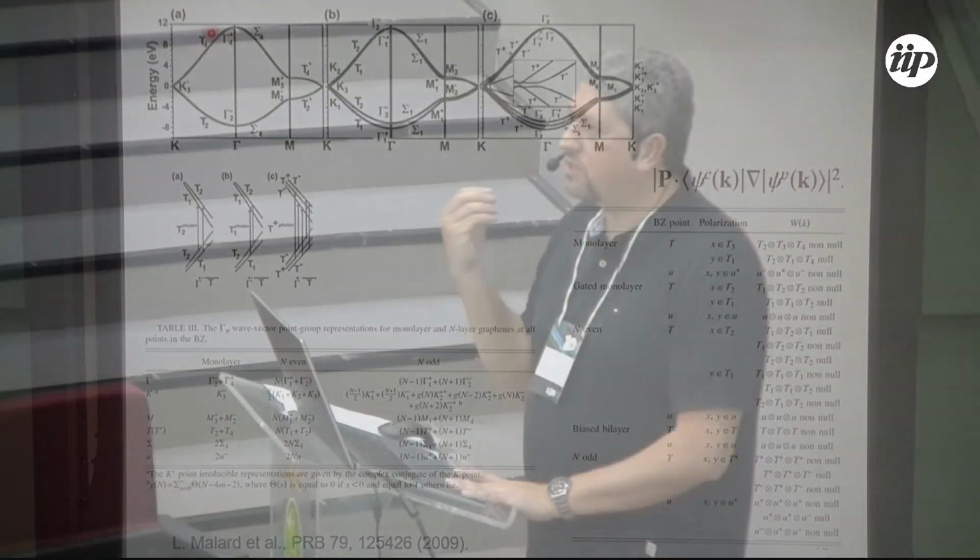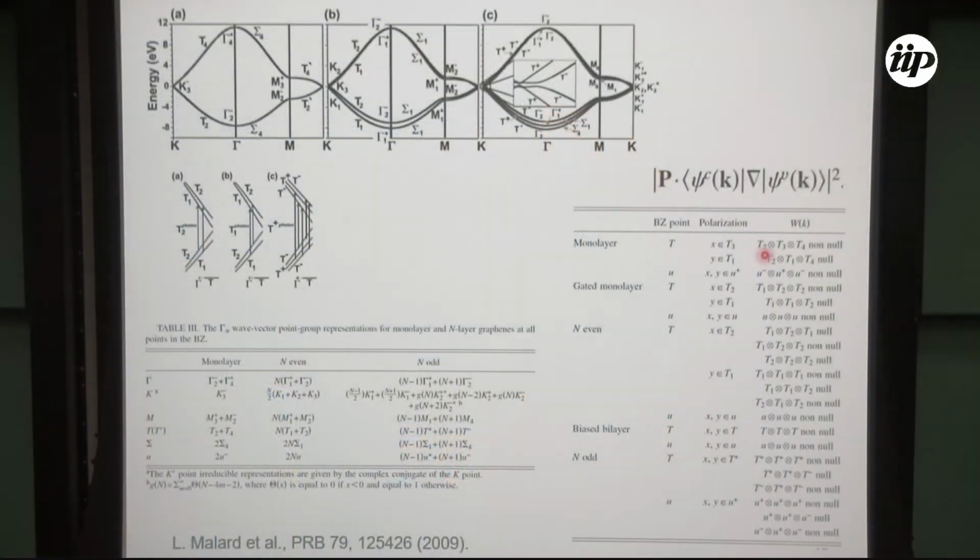In terms of symmetry, I have a T2 symmetry, and I will apply light. The polarization is along the X direction, so it has a T3 symmetry. And then I'm going from the T2 to the T4.